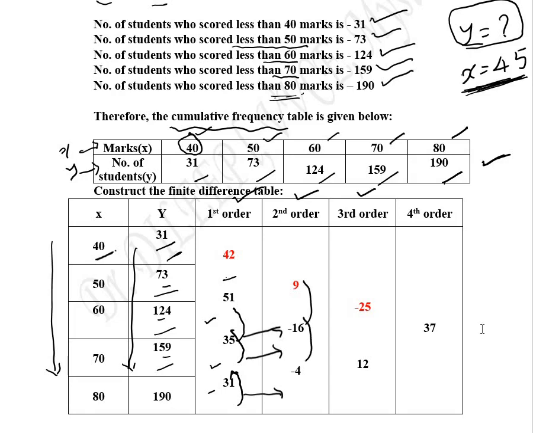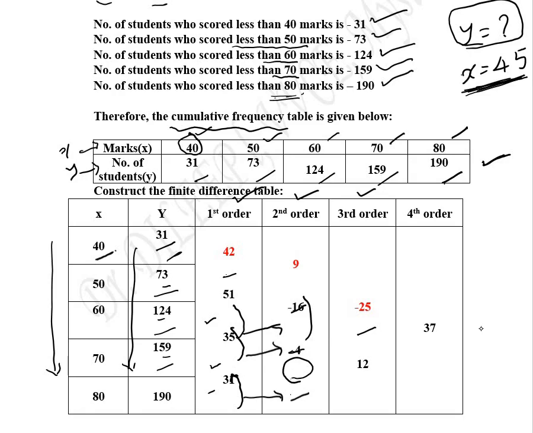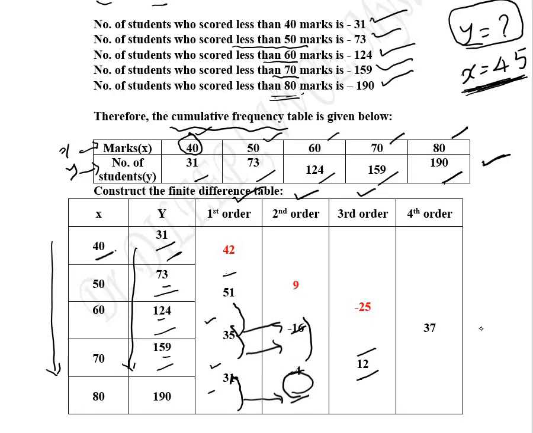Minus 16 minus 9 gives minus 25. Next, minus 4 minus of minus 16 is minus 4 plus 16, which is plus 12. Now the difference of these two, 12 minus of minus 25, gives plus 37.